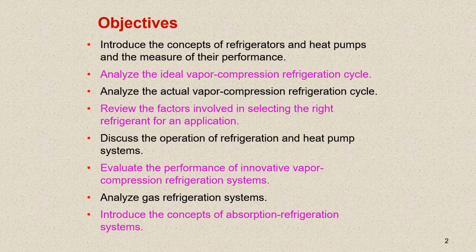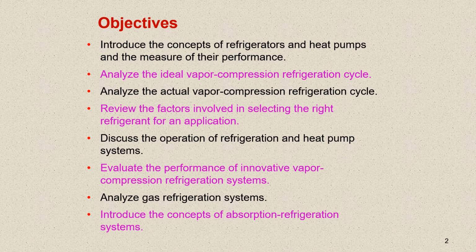So in this chapter, we will introduce the concepts of refrigerators and heat pumps and measure their performances, and analyze the ideal vapor compression refrigeration cycle. We'll also analyze the actual vapor compression refrigeration cycle.